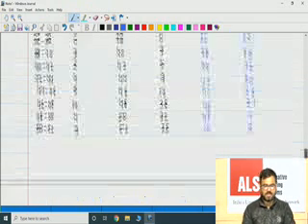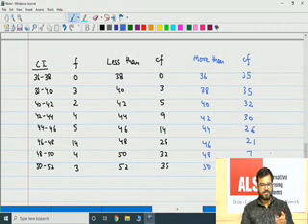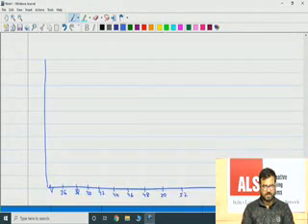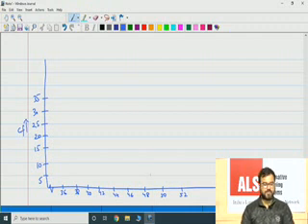The maximum is 35, so we can take a difference of 5, that will work, you can decide according to the values like 5, 10, so this is the cumulative frequency.